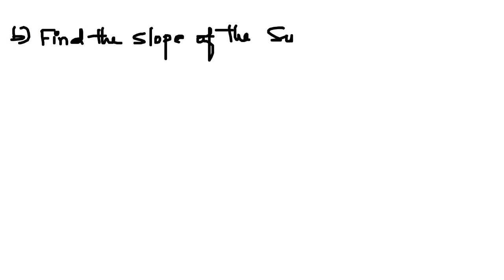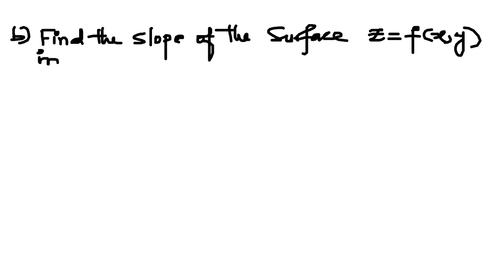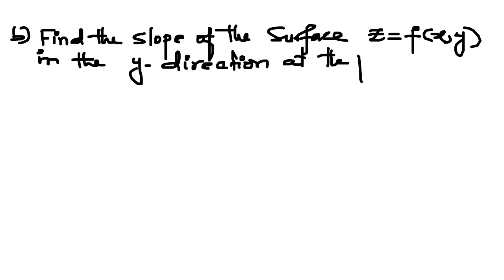B part: find the slope of the surface z is equal to f of xy in the y direction at the point 1 and minus 2.